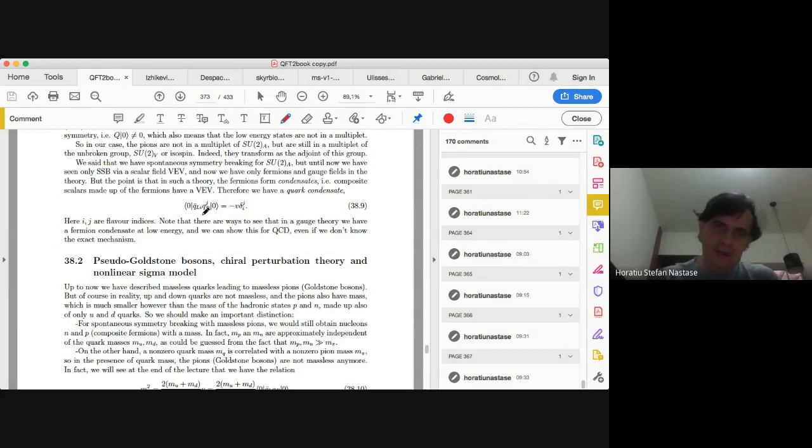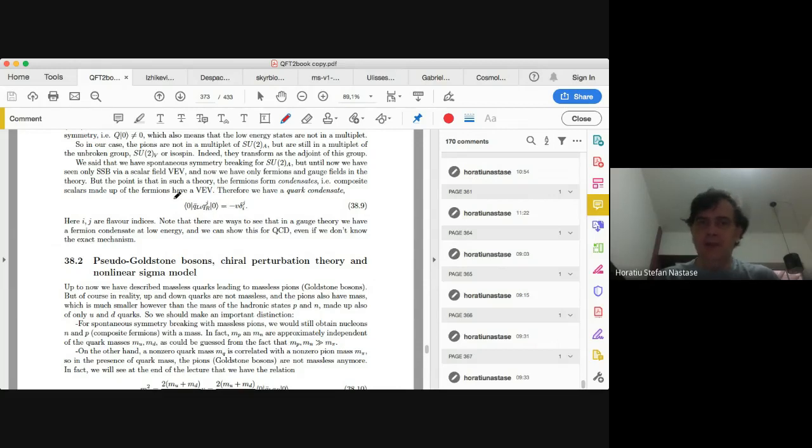So the composite field is therefore Q bar Q. Moreover, it's Q bar left, Q right, and moreover, there's in principle a different flavor index. So Q bar left i, Q right j.